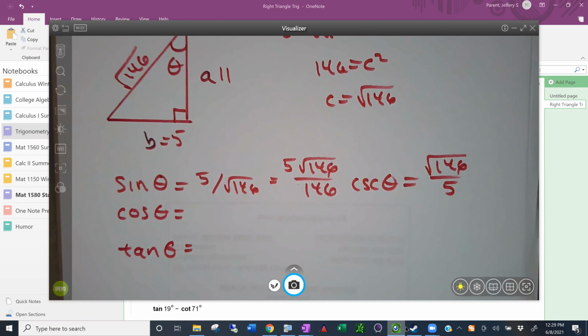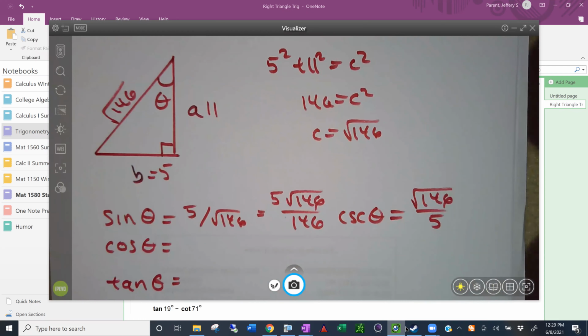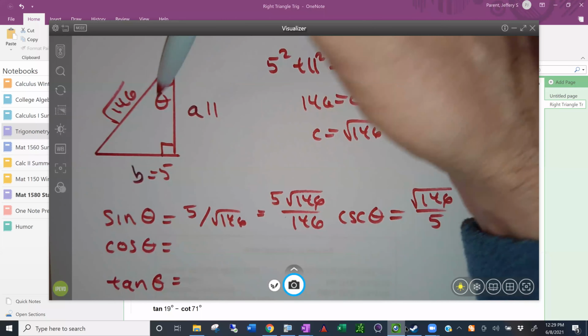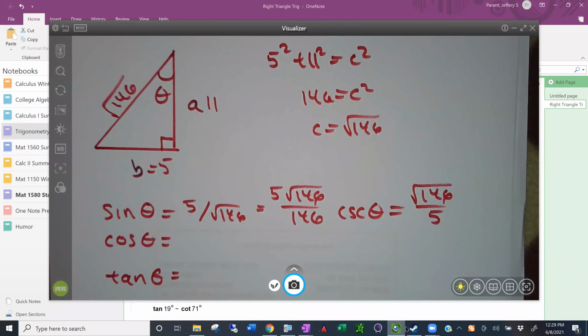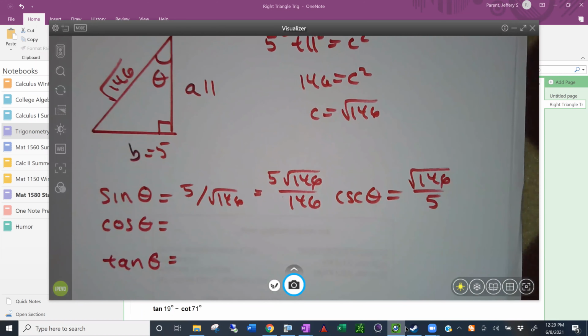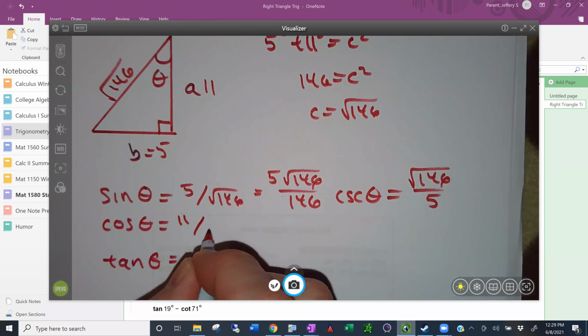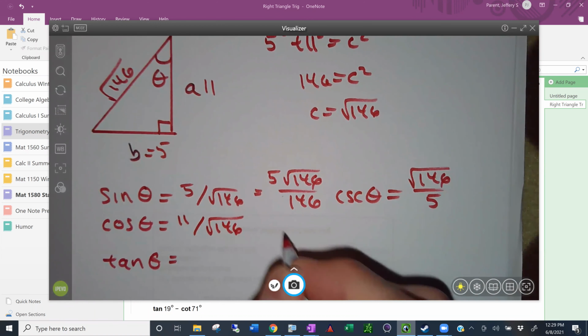And you're done. Okay. How about the cosine? From this perspective, what's the cosine going to be? Adjacent, 11 over the square root of 146.